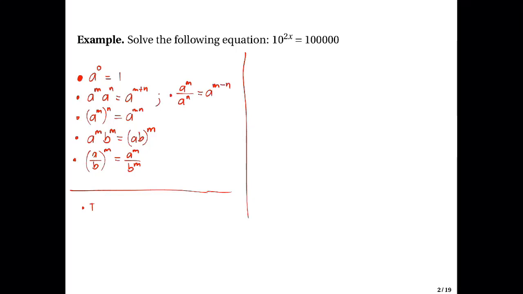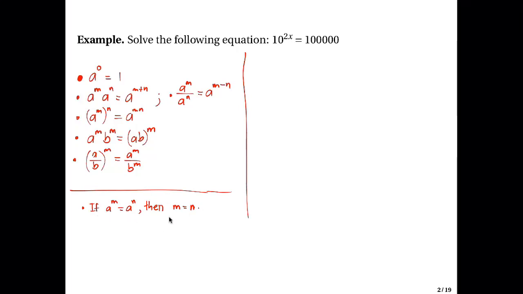Now, in terms of equality, we need to recall the following. So if you have a to the m equals a to the n, then their powers must also be equal. Okay, so if a to the m equals a to the n, then m must be equal to n.